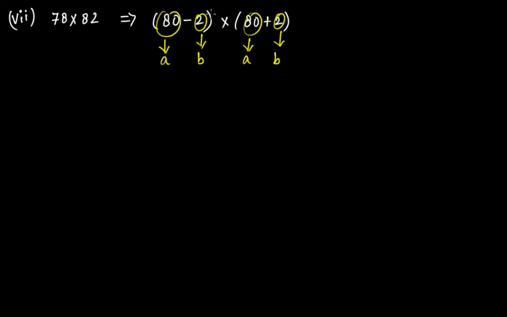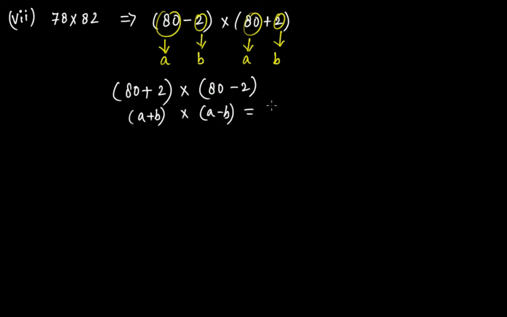So we write this expression as (80 plus 2) multiplied by (80 minus 2), how? Using the commutative property of multiplication. So here it is (a plus b) multiplied by (a minus b), and this should be equal to a squared minus b squared using standard identity number 3.